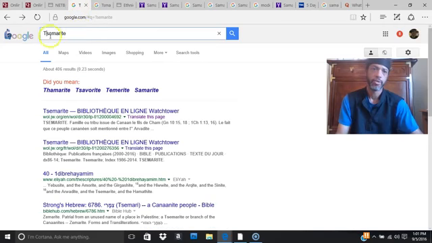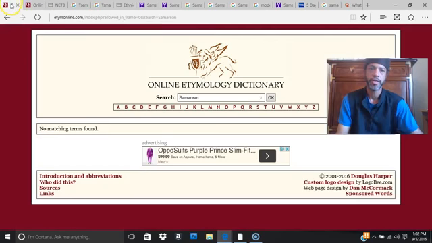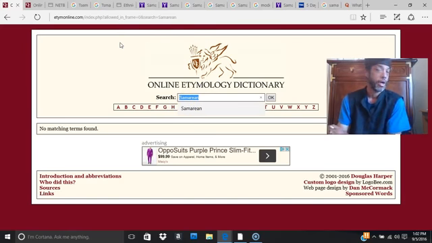We can type in Tismari and it gives us back Tisamarite or Samarite. Now, Samarite is the same as the Samarean. So if we try to find the Zemarite, it truthfully does lead us back to the Samarean.